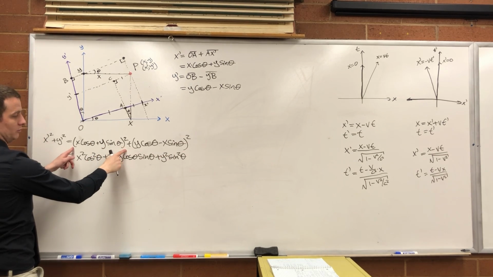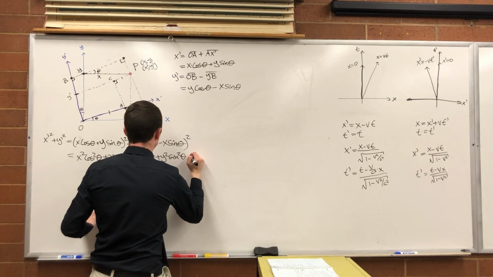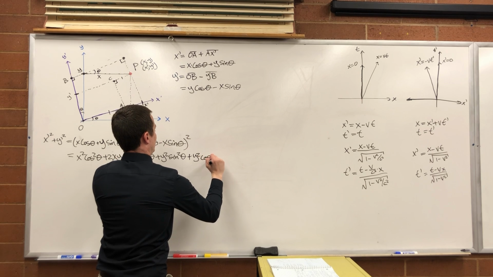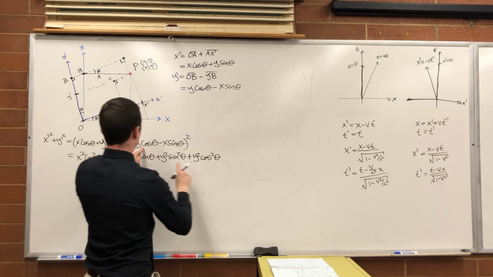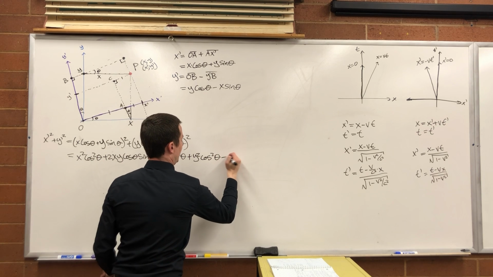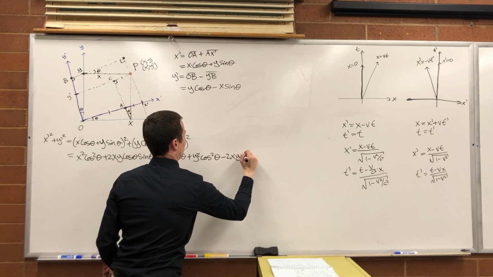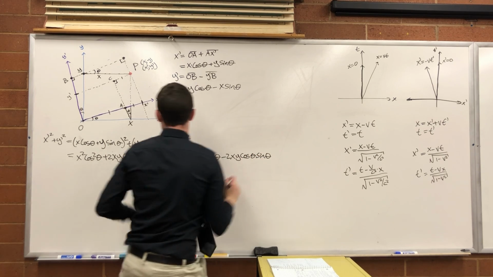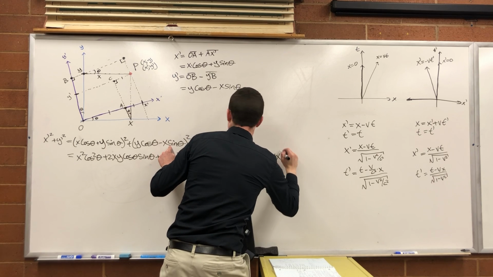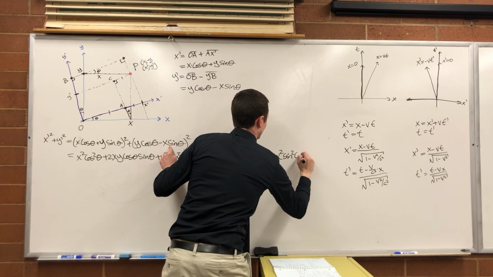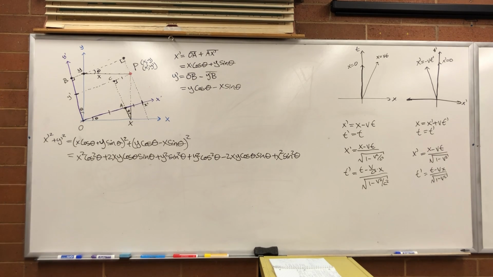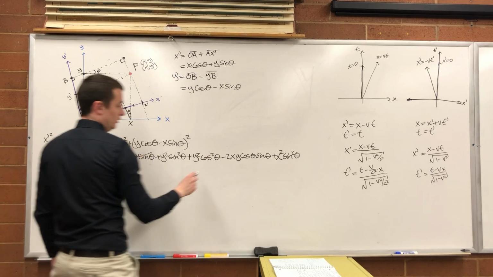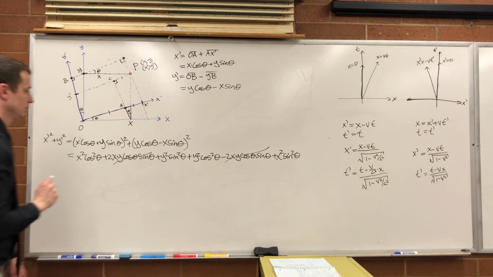That's just expanding out this term. Plus, expanding out this one now, we have y squared cosine squared of theta. That times that, we're going to have 2 of those, so minus 2xy cosine theta sine theta. And then that times that, we're going to have plus x squared sine squared of theta. Did I do all that right? Yeah, I think so. 2xy cosine sine, 2xy cosine sine, those cancel out.